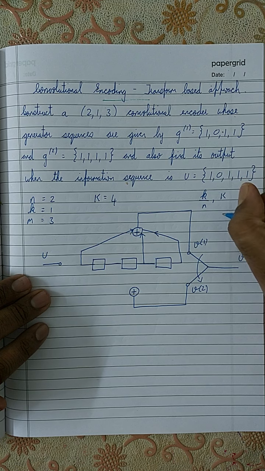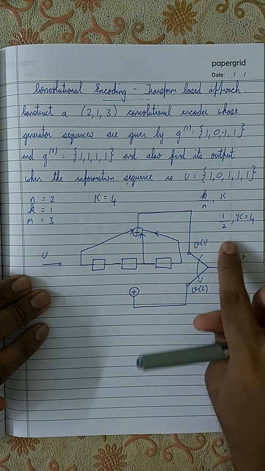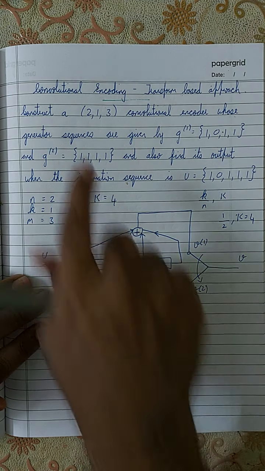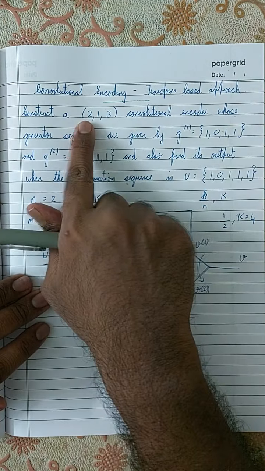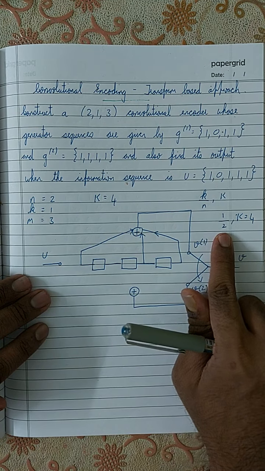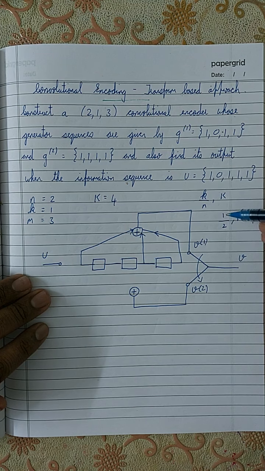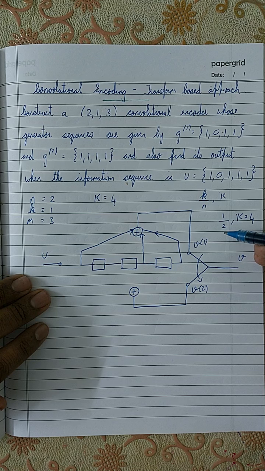So this convolution encoder is also called a 1/2, K = 4 convolution encoder. In the exam, either they'll give you a 2-1-3 convolution encoder, or they will say 1/2 comma K = 4, which means the value of k is 1, the value of n is 2, and the value of capital K, the constraint length, is 4.